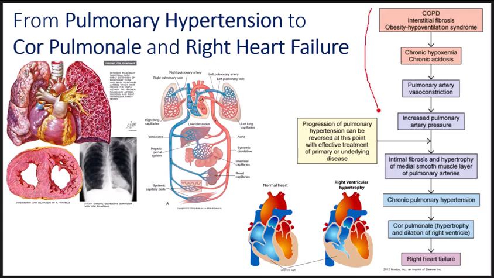So still on right heart failure and repeating a lot of what I've already discussed, we looked at this part right here on an earlier slide where I said that if somebody has scar tissue buildup, maybe they have COPD, we can't get blood properly past the obstruction, which might be scar tissue or tissue that's affected by COPD. And so we're not able to oxygenate the blood properly. And that's the term hypoxemia, which is low oxygen in the blood.